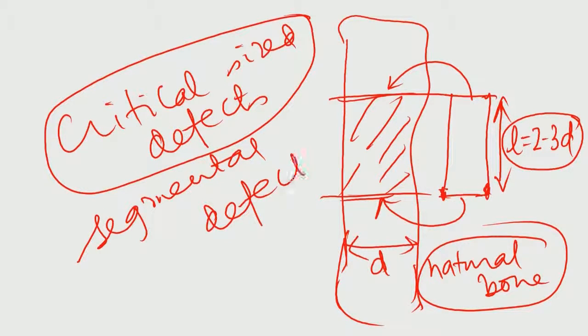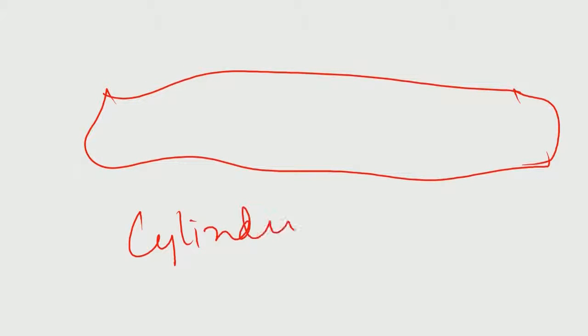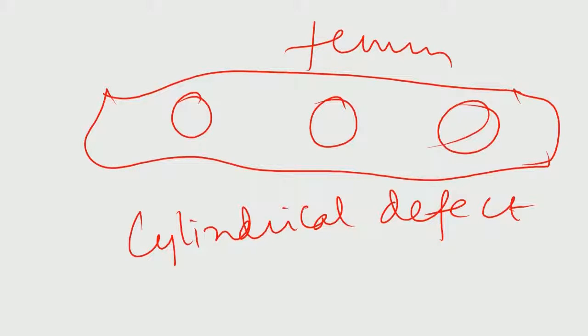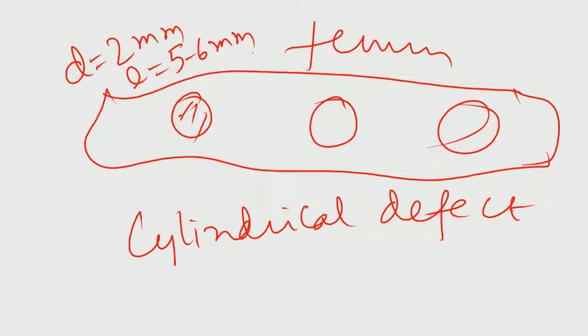The segmental defect model in general is a little different from the cylindrical defect model. Now, in the cylindrical defect model, what do you have? You have a femur of, let us say, a rabbit. In this femur you are drilling holes, and typically the diameter of this hole is around 2 millimeter. The length of the implant which you put inside can be somewhere between 5 to 6 millimeter, so the aspect ratio is around 3.